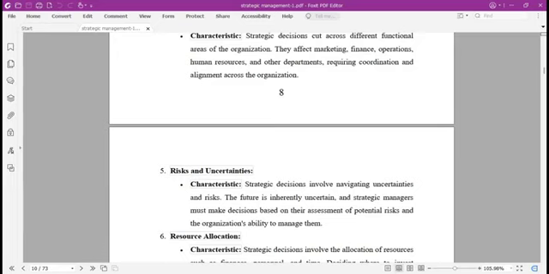What are the things being put in place to ensure that we mitigate against such occurrence? Strategic managers must make decisions based on their assessment of potential risks and the organization's ability to manage them. That is why we have the Research and Development Department, R&D.